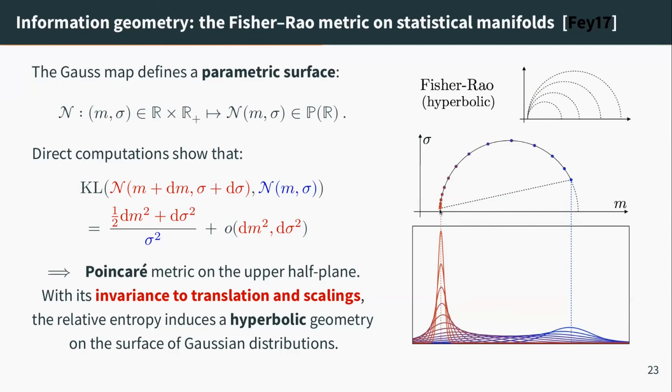So for instance, this point, mean value around here and very small deviation, corresponds to a very peaky normal distribution, like the very red one. This point, like mean value around here and large deviation sigma, corresponds to a very flat Gaussian distribution. Okay, and finally, this point corresponds to a kind of medium-sized Gaussian distribution, which is displayed here.